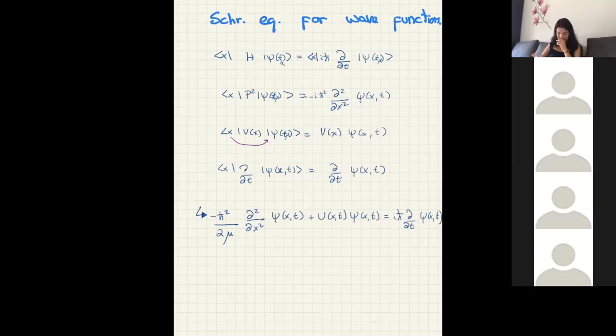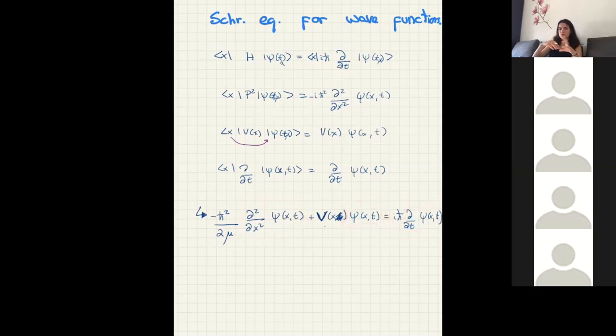So now there's no operators left anywhere. Sorry, there's a t too many. This u is a v, the potential, and it only depends on x. Okay, good. So now we have a differential equation with the second derivative on x, the first derivative on time, and just the function itself.